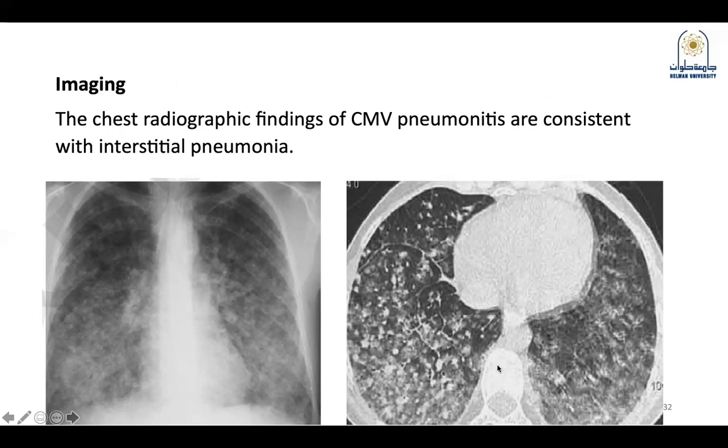This is a CT chest showing increased density and infiltration in both lungs due to cytomegalovirus infection. And this is the conventional chest X-ray, which shows features of bronchopneumonia, with small radiopacities in the lung, indicating interstitial pneumonia.